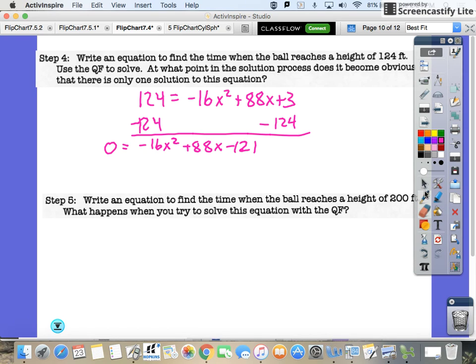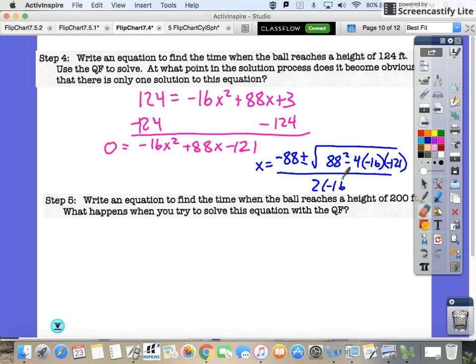So I'm going to put that in and go x is equal to opposite b plus or minus the square root of b squared minus 4ac, all over 2a.